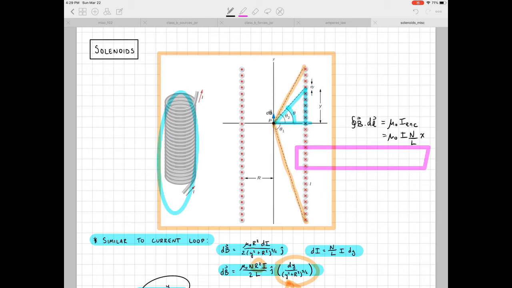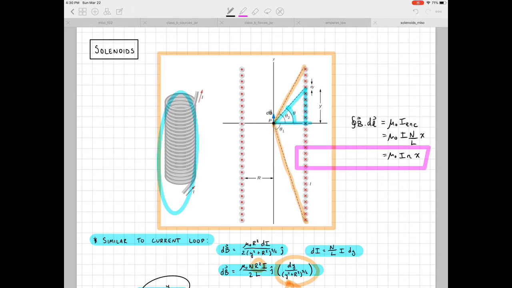And so this is, I'm just going to write it with little n, that's the density, and then times x, how many loops. And so on the left-hand side, B, so what is B equal to in these different regions?